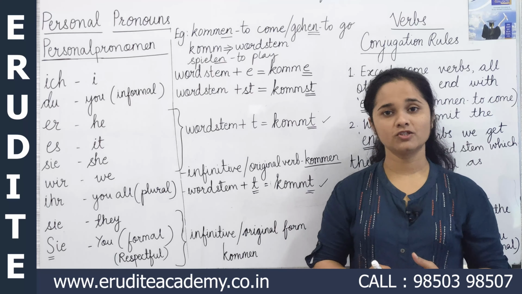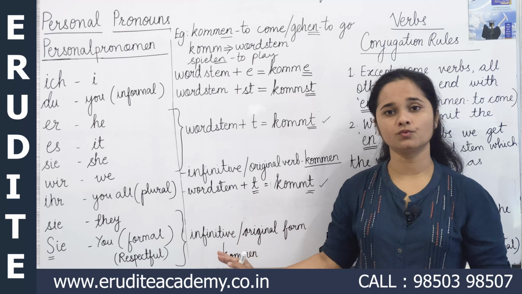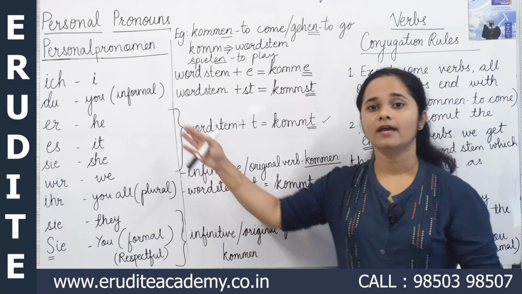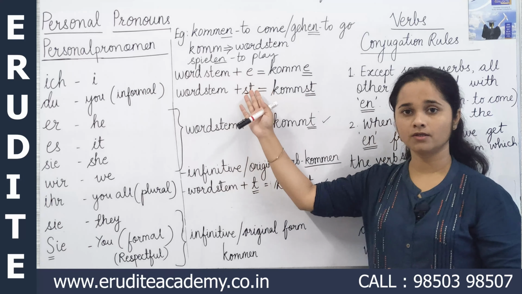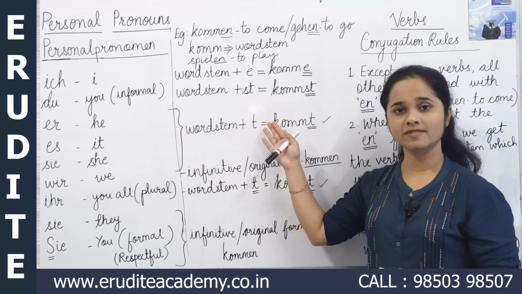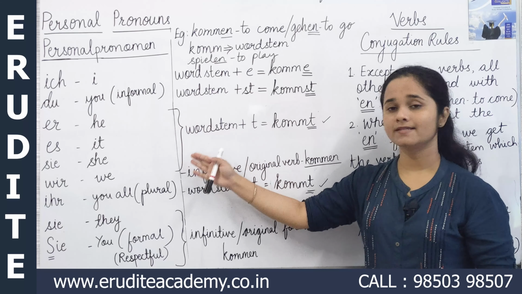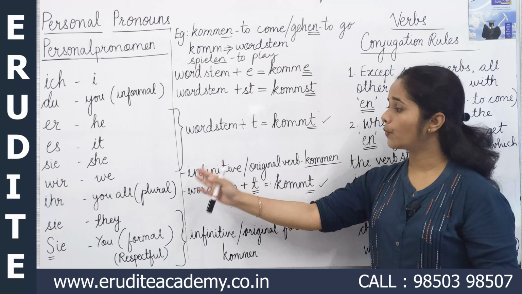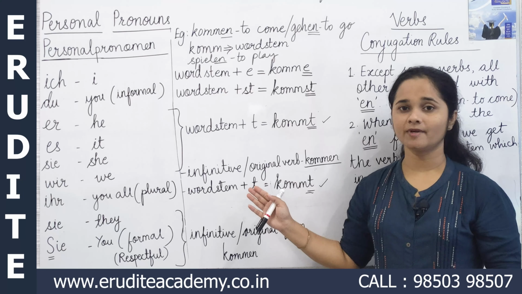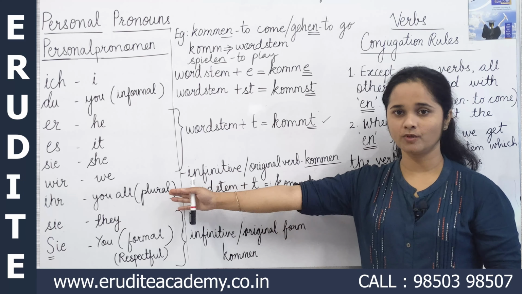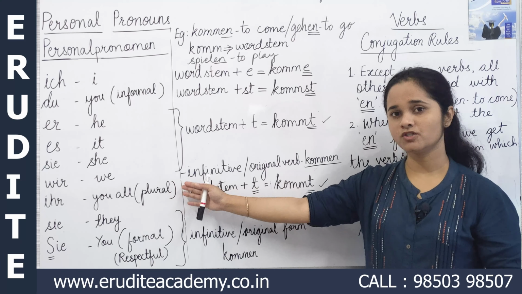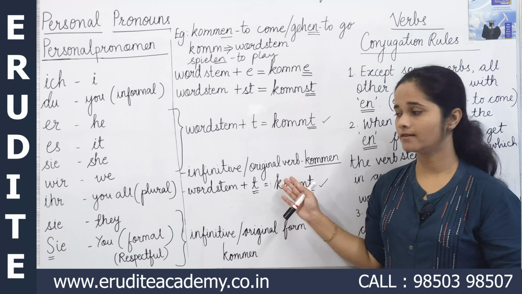So my conjugations according to this rule would be ich komme, du kommst, er, sie, es kommt, wir kommen. Never pronounce the R in that wir, W-I-R. The R is silent, so it is wir kommen.